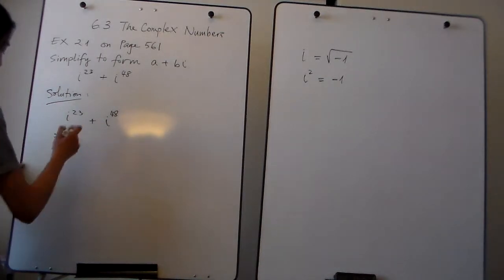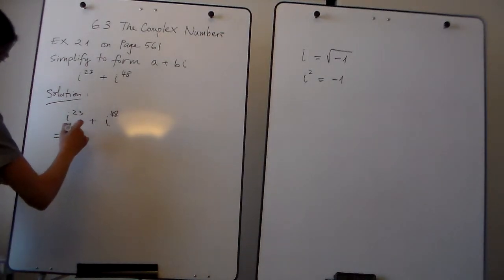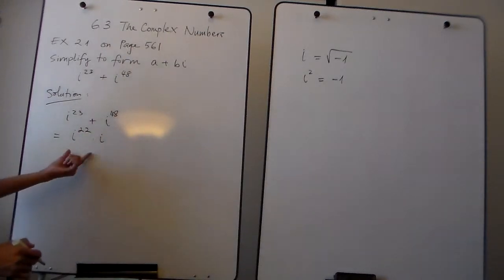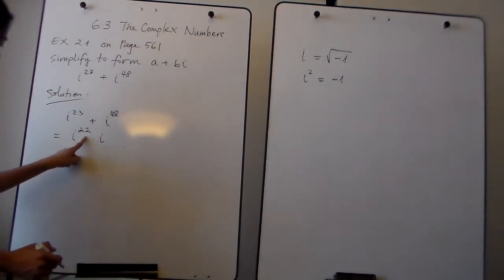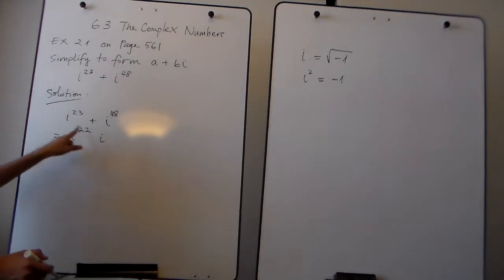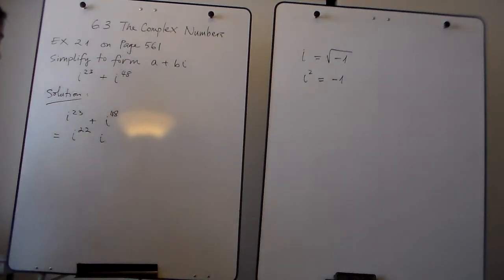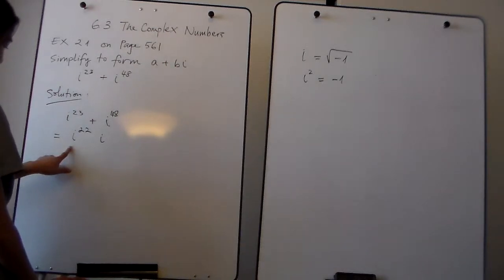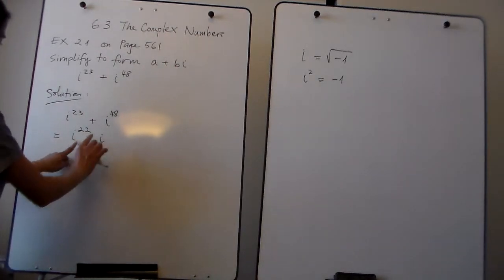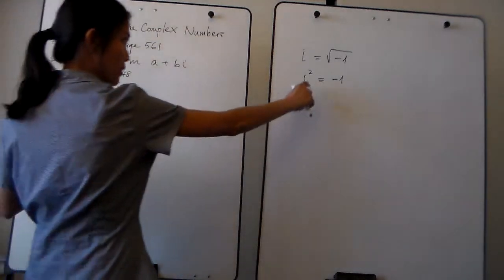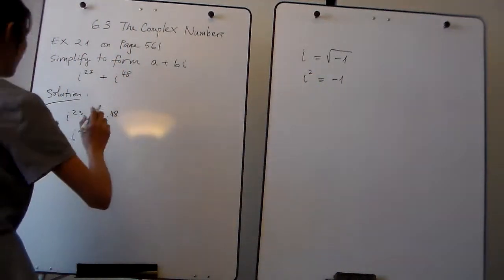With the odd exponent 23, I will split this into i to the 22nd times i. As you see, i to the 22nd times i is equal to i raised to the 23rd. The goal is to get an even exponent so that I can factor the exponent 22 in terms of the exponent 2.